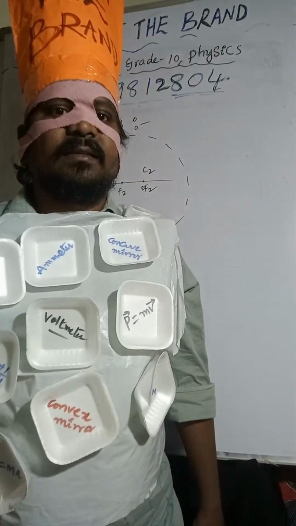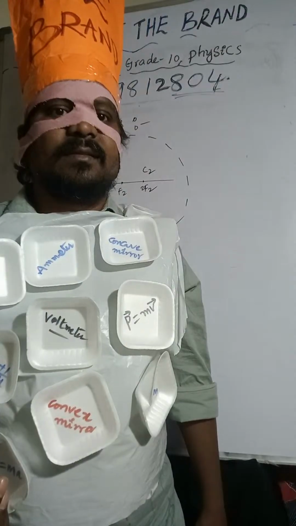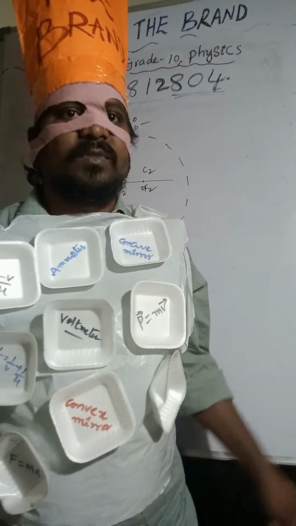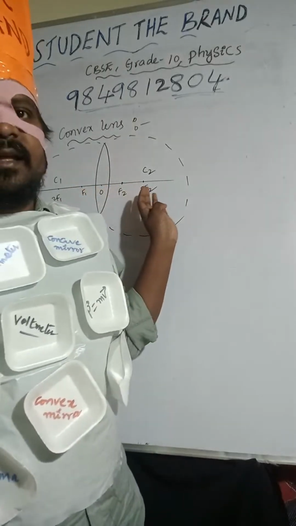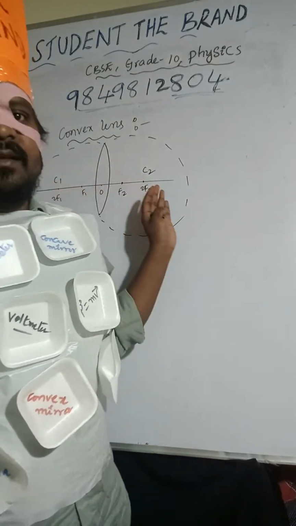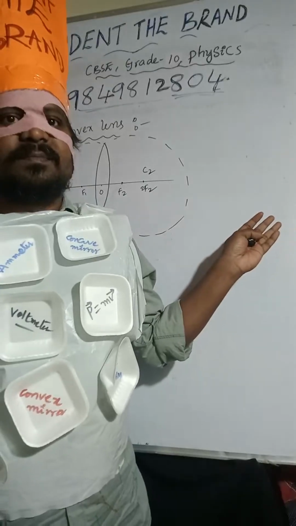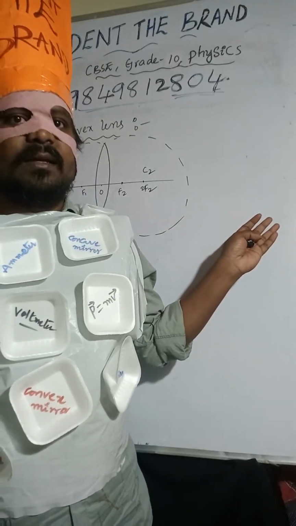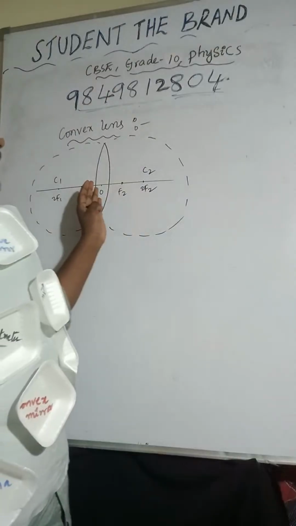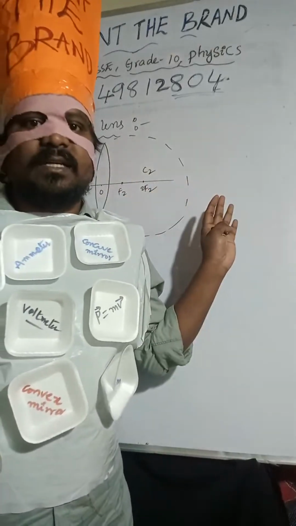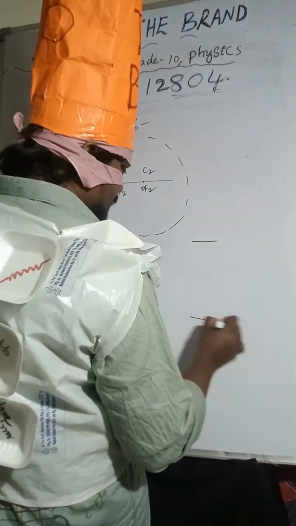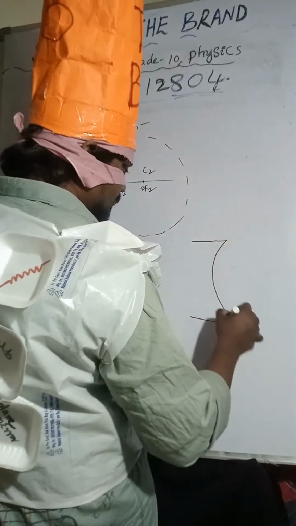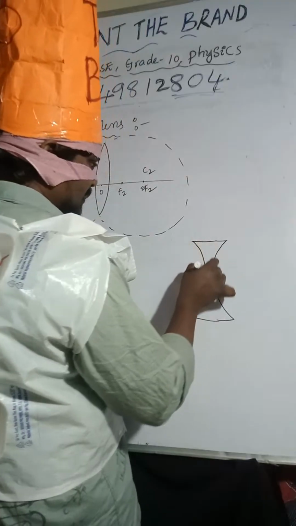So once again, observe here. I'm considering the optic center, F1, 2F1, F2, 2F2. So this is about the convex lens. Coming to the concave lens, this is a concave lens.